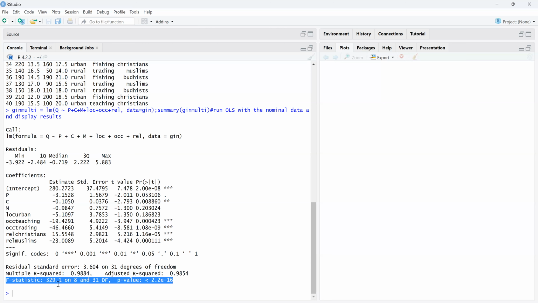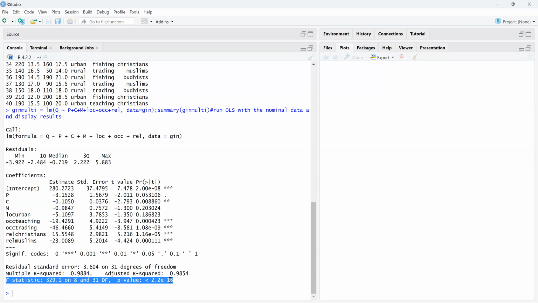Okay, that's the F statistic, and the p-value is 2.2 E minus 16. Basically, what this means is that there are 15 zeros after the decimal point, then 2, which is approximately 0. So the p-value is approximately 0.